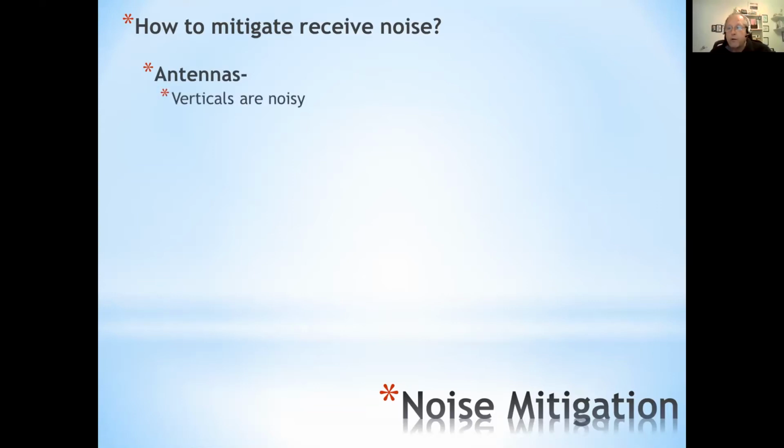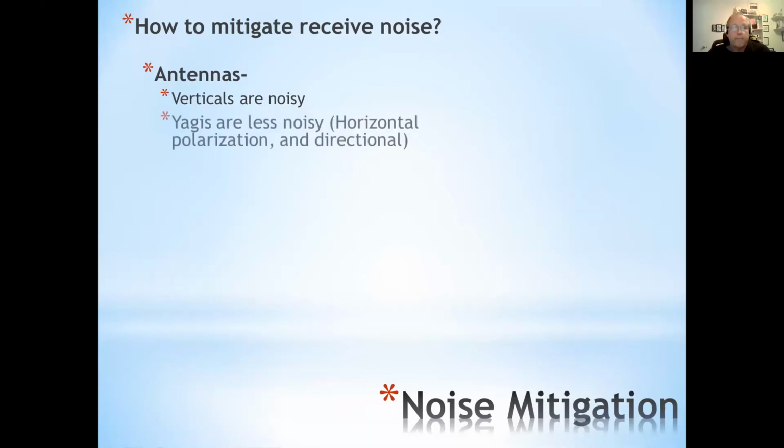So if you go out and say, oh, I'm going to put up a Butternut vertical antenna, throw some radials out there, and I should be good to go. Well, in an urban environment, verticals don't work so well because although they have a very low angle of radiation, great for working DX, they also have a tendency to pick up man-made noise. And so you'll get a lot of noise off of a vertical antenna.